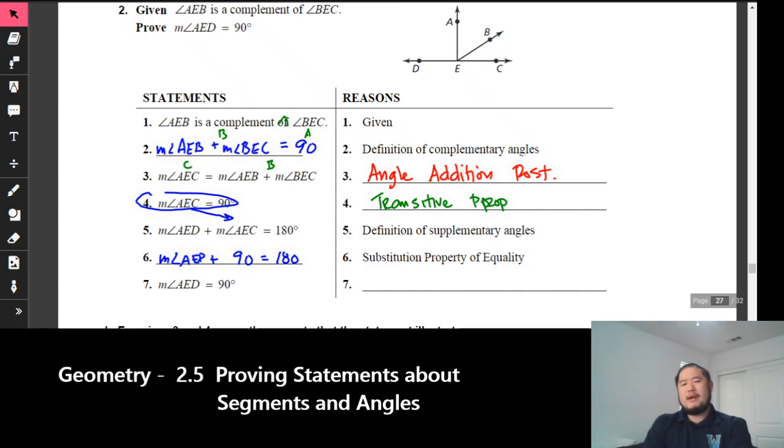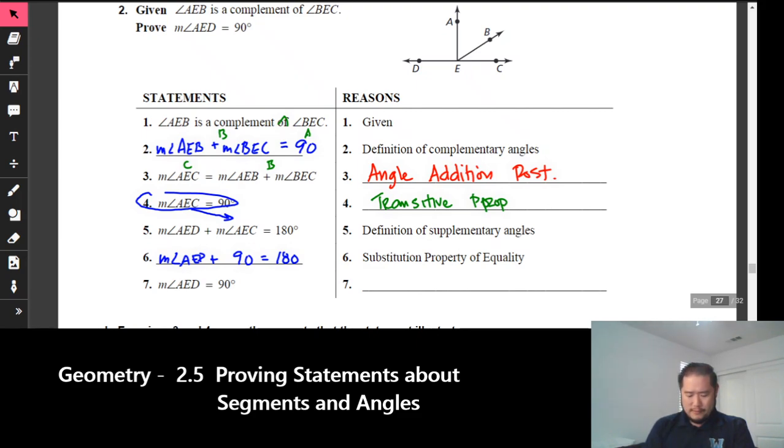In this statement right here, there is no other option but to use the substitution property. So I think the way Big Ideas has it set up is that if you have no choice other than to use substitution, then you should. If you have the option of using one or the other, then try not to use substitution.